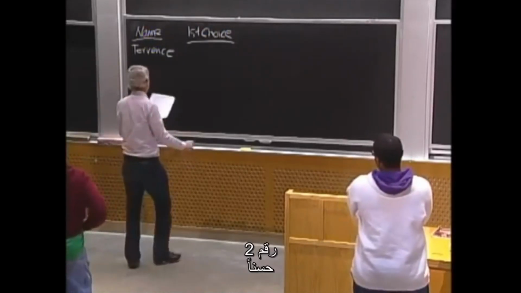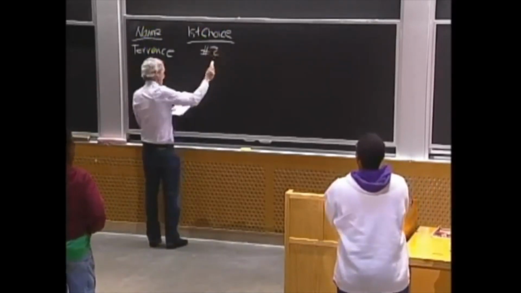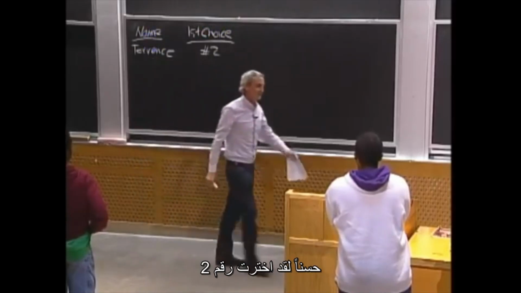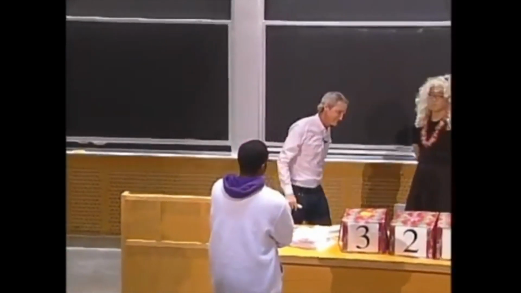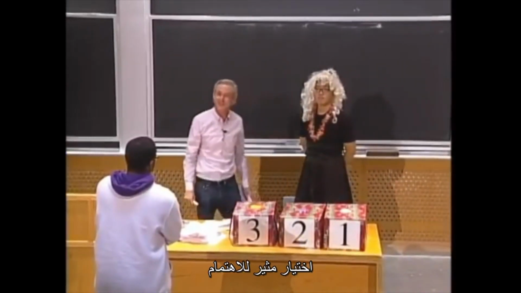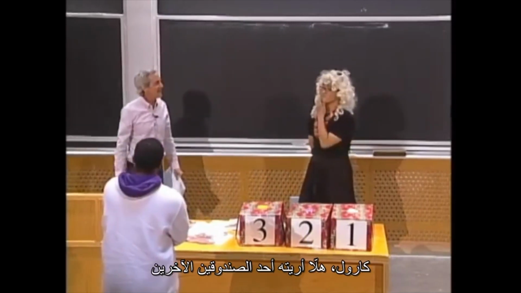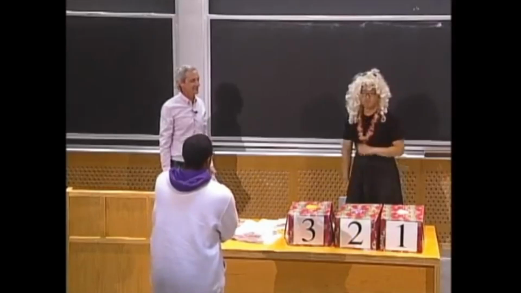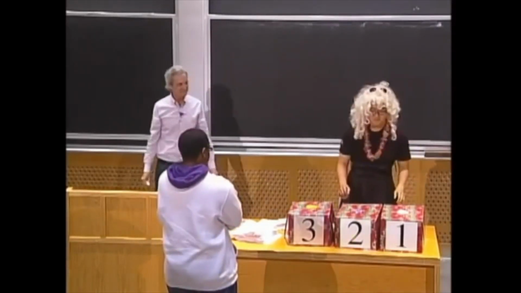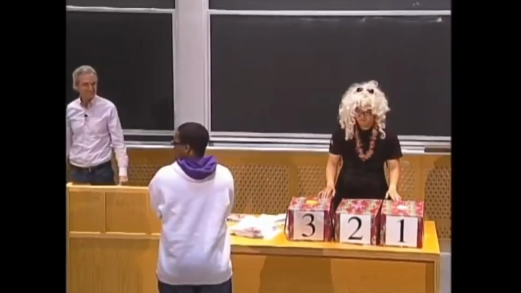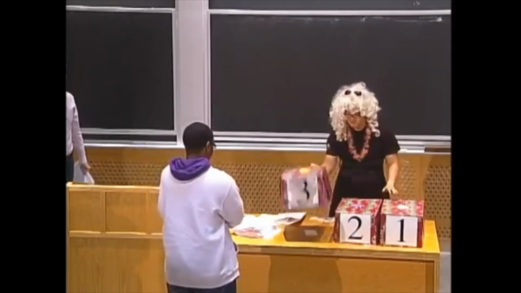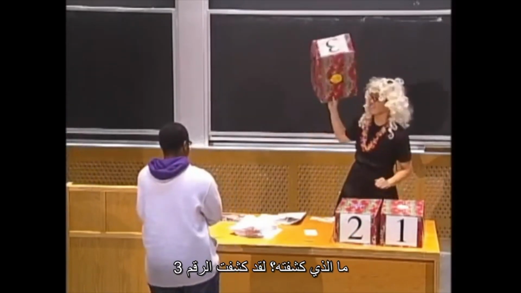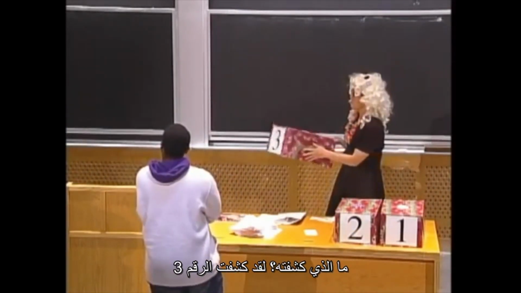Number 2. Okay. All right, you picked number 2. Interesting choice. Now, Carol, can you show him one of the other boxes? All right, which one was that you showed there? You revealed number 3.